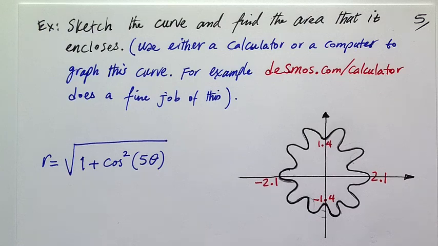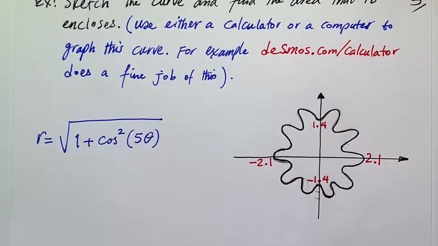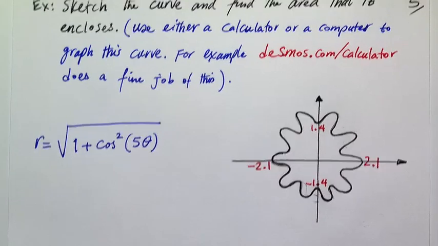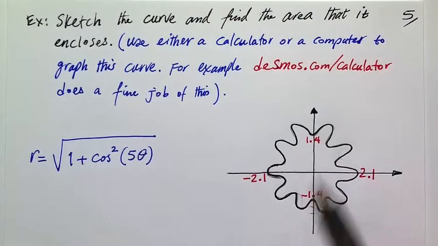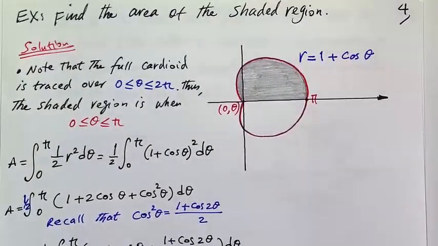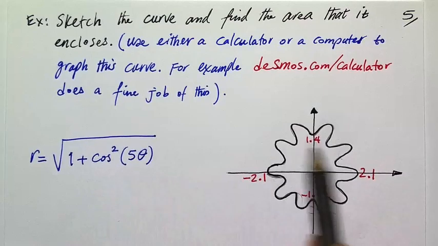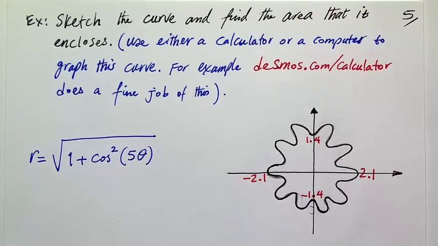So with this graph of our equation, in this case, they're not shading, they didn't say, like the previous example, to find the area of the shaded region. But in this case, they just say, find the area enclosed by this curve. So it's the whole thing that we're calculating.